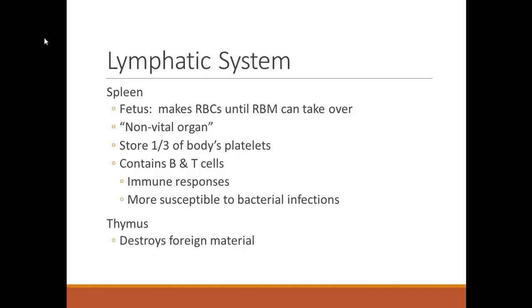If the spleen is removed, because of what the function of the spleen is, that person is going to be at a higher risk for bacterial infections because that spleen helps fight off the infections. Once it's gone, there's not that level of defense.